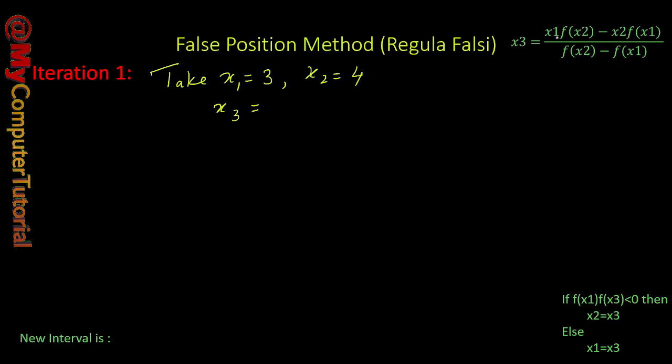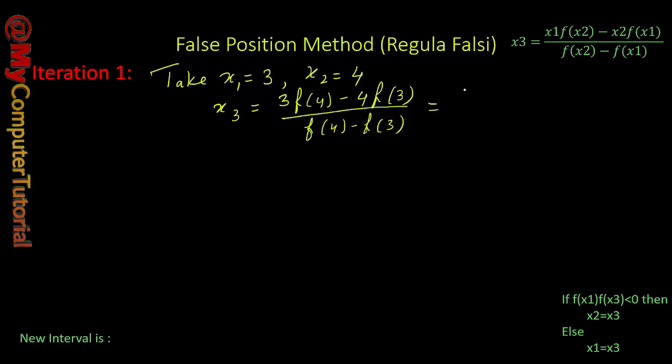x3 is equal to x1 into f(x2) minus x2 into f(x1) over f(x2) minus f(x1). So here we have 3 as x1 and f(x2), that is f of 4, minus 4 f of 3 over f of 4 minus f of 3.